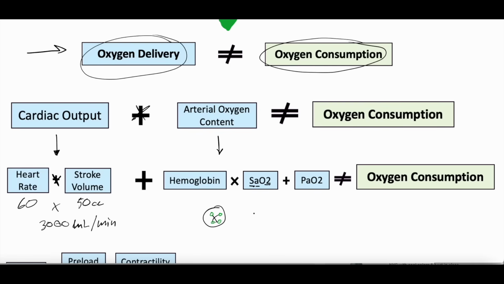So let's just say your oxygen saturation is 100%. That is going to be a higher amount of oxygen on hemoglobin than if your oxygen saturation was 60%, because there's less oxygen available to be loaded onto the hemoglobin. And then the other part of this, which is a much smaller part, is the PaO2. This is just the dissolved oxygen.